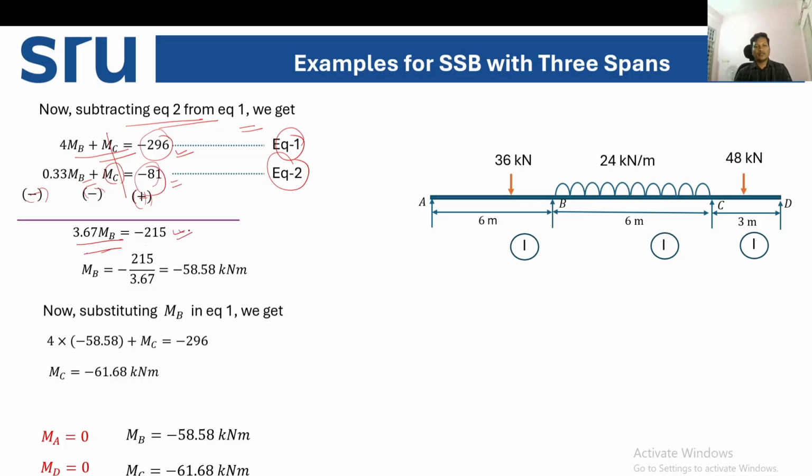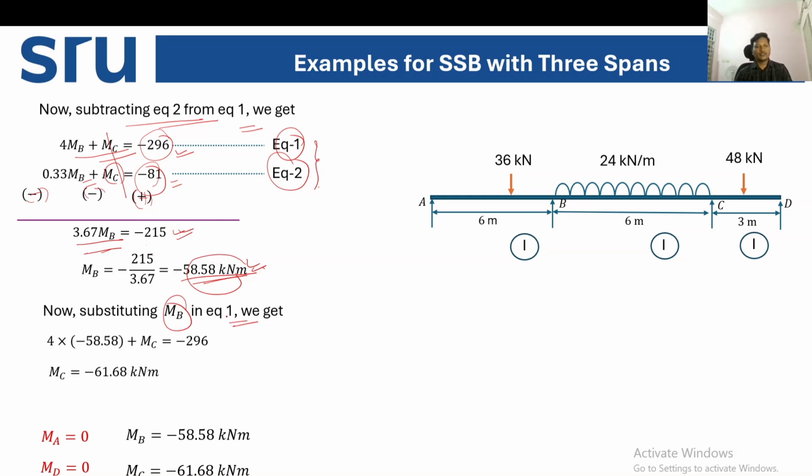So from here we can calculate MB. MB is nothing but minus 215 divided by 3.67. So it is minus 58.58 kilonewton meter. Now we have calculated the value of MB by solving these two equations. Now substituting the value of MB in equation 1.